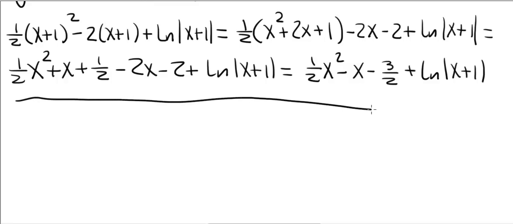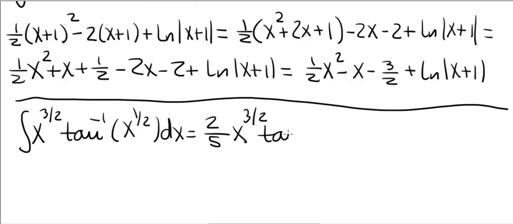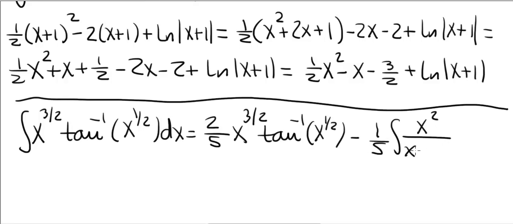Now we return to the original integral. We had the integral of x to the 3/2 times inverse tangent of x to the 1/2 dx. It is 2 over 5 times x to the 5/2 times inverse tangent of x to the 1/2 minus 1/5 times the integral of x squared divided by x plus 1.